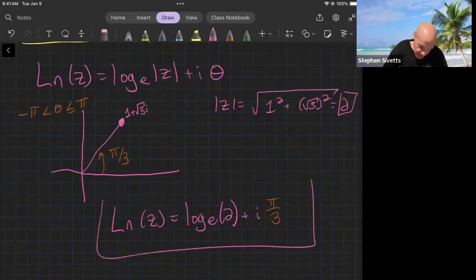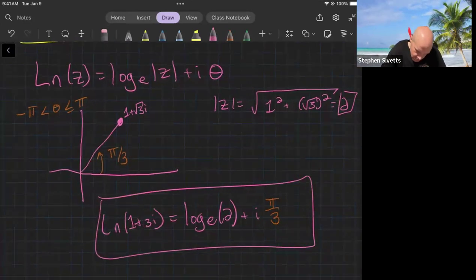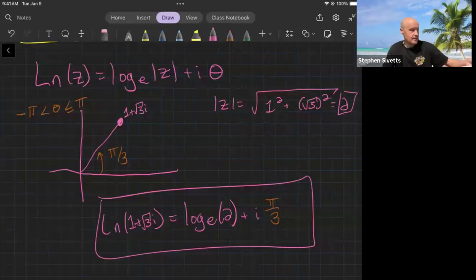So that is the principal logarithm of 1 plus root 3i.